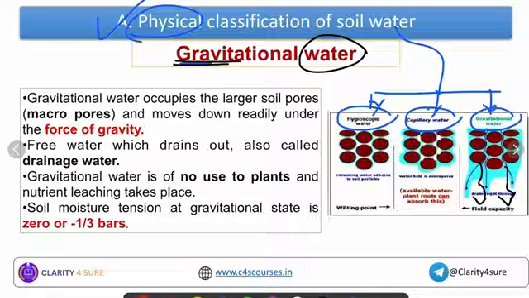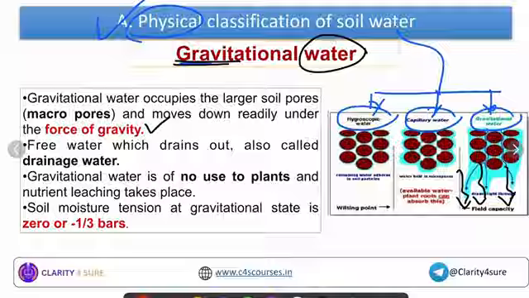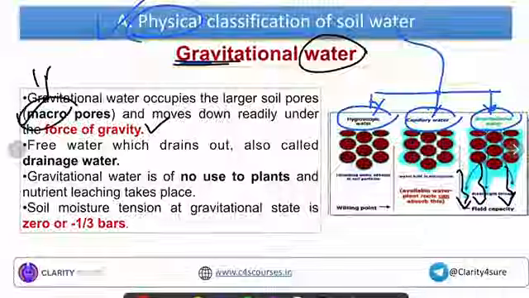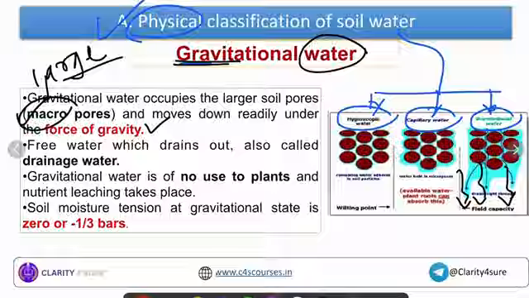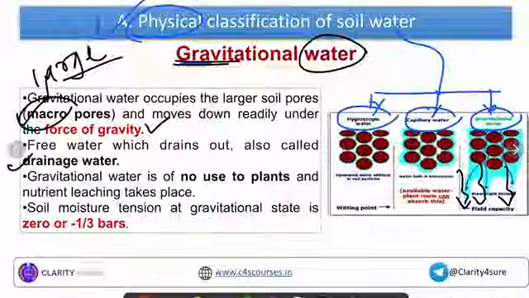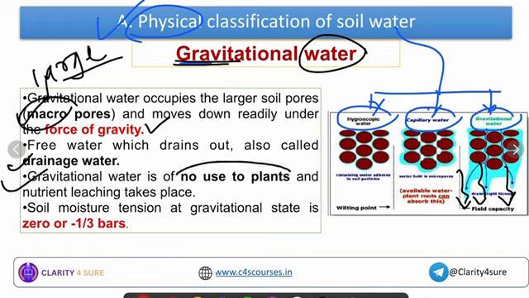So this water moves in the downward direction because the force of gravity is acting on it, and it moves easily because it is present in the macropores, that is the large pore space. The water which is drained out is called drainage water, and of course it is not useful for the plant because it is not retained for long.